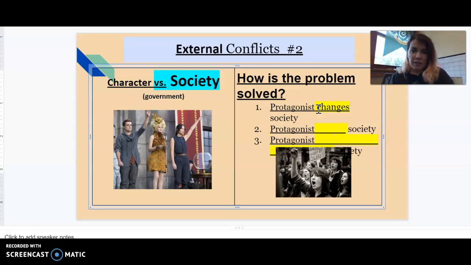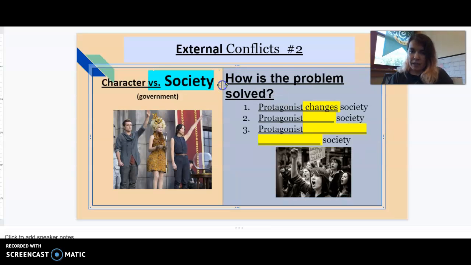So they see what is wrong with the society, they do what it takes to convince other people, and then eventually they're able to change this messed up society that they can't handle. And that's what protesters are hoping to do in real life. Regardless of what side of the spectrum they fall on, if you are out there protesting, it means you are trying to change something about the society or government.